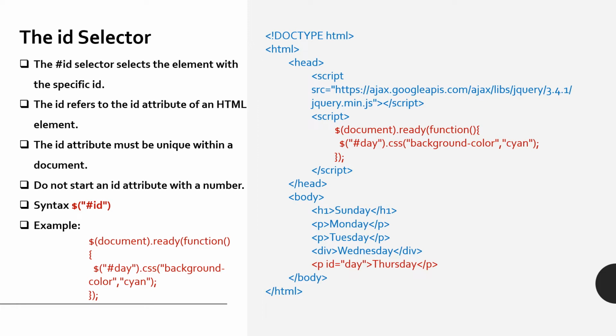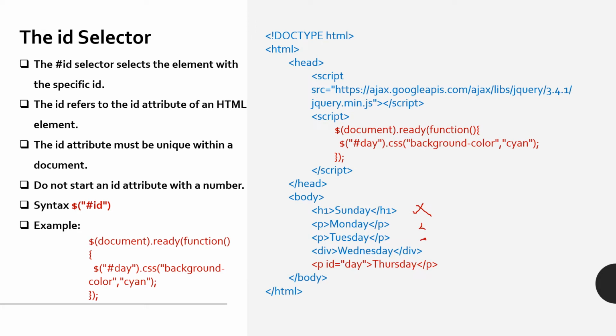This is the corresponding code for that, and we need to see the heading is here, this won't be affected. What about Monday? Again it won't be affected. Tuesday won't be affected.